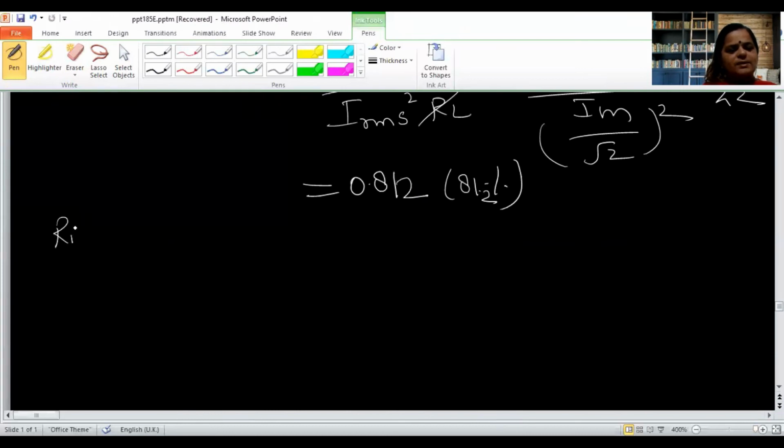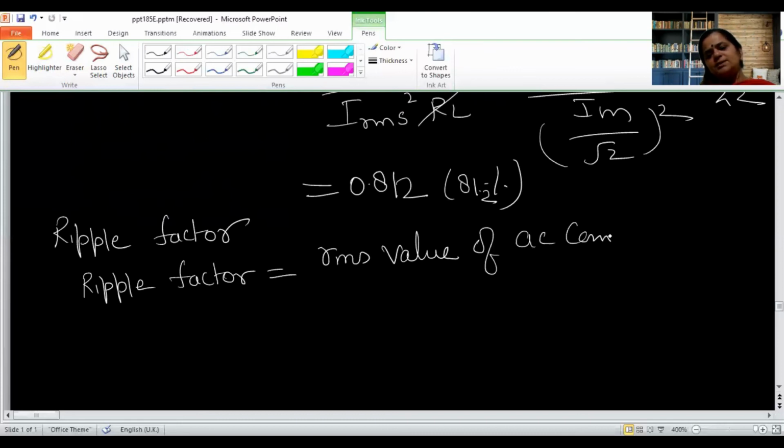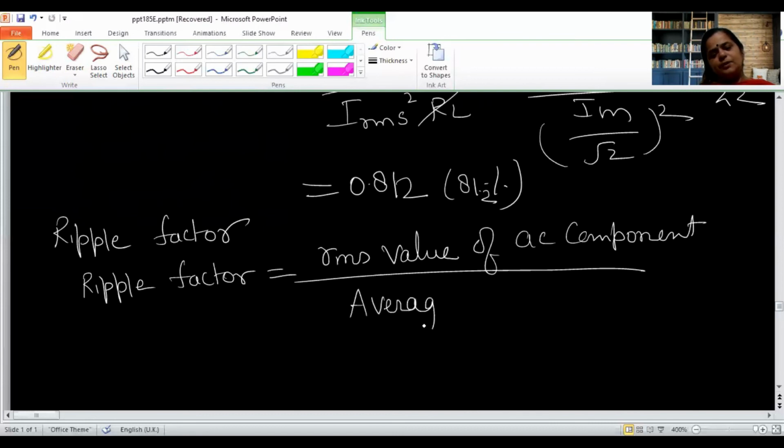Now the next parameter is the ripple factor. Now what is the ripple factor? Ripple factor is basically the ratio of the RMS value of the AC component divided by the average value of the DC component.